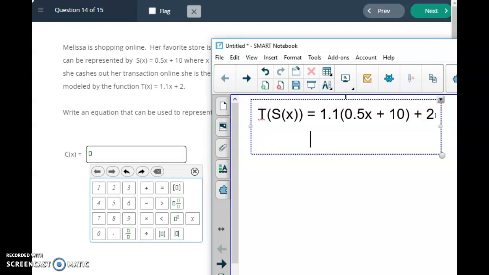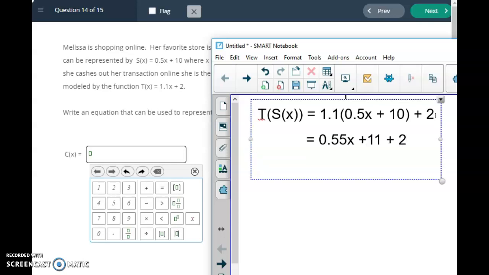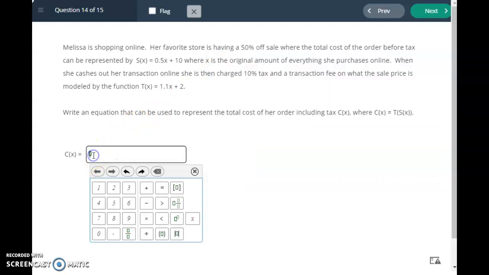And then when we do that multiplication, 1.1 times a half is 0.55x, 1.1 times 10 is 11 plus 2, and we can combine like terms to get 0.55x plus 13. And that'll be our answer that we will put right in here. 0.55x plus 13. Shouldn't put spaces. Okay.